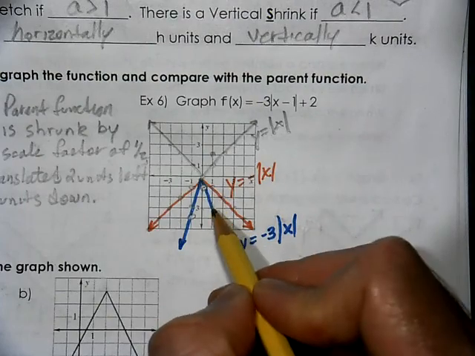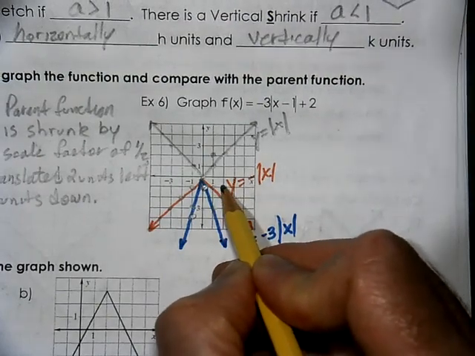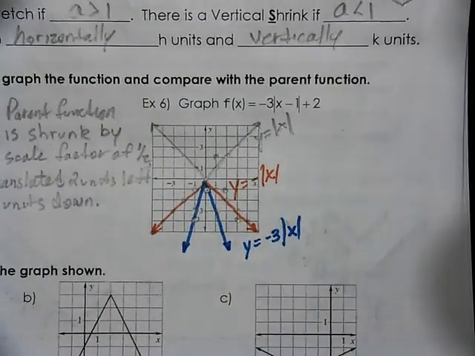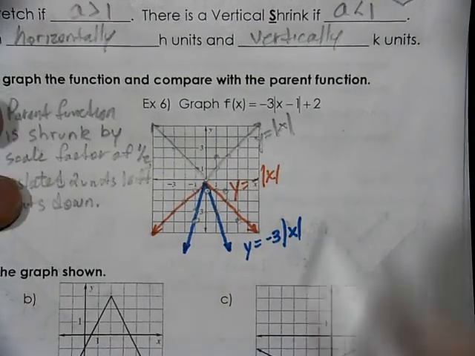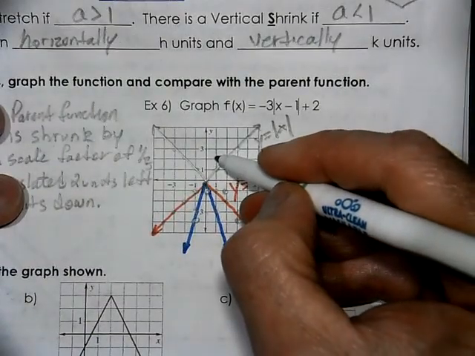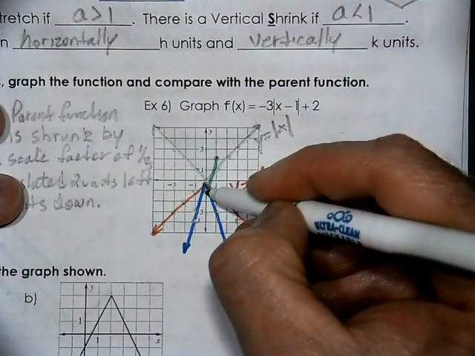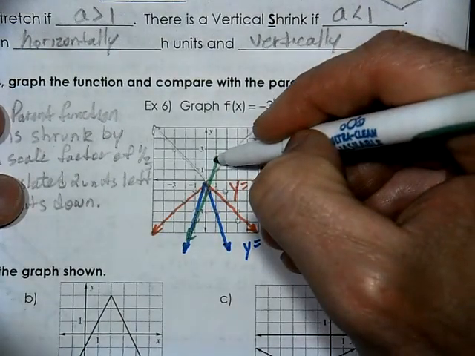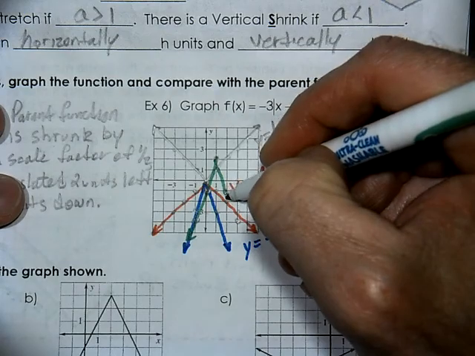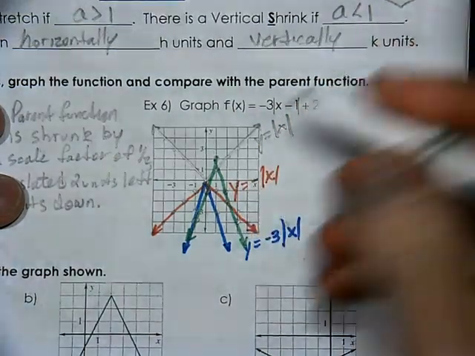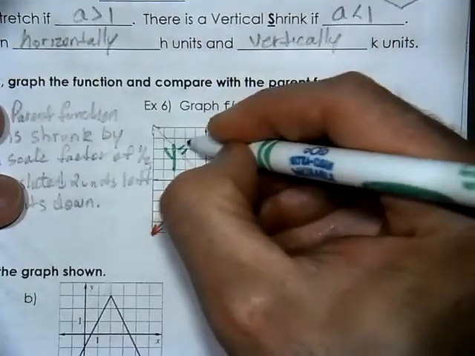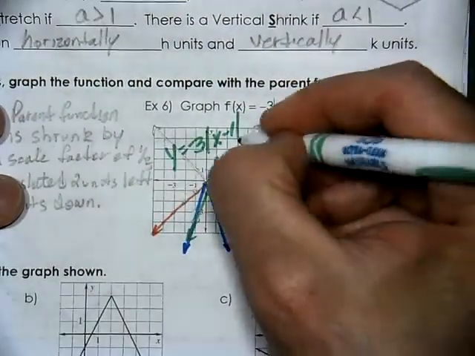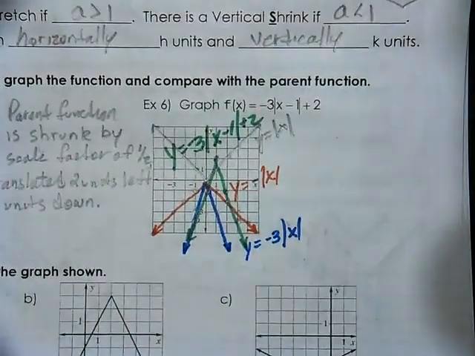Take all the points that we have, so this is y equals negative 3 absolute value of x minus 1, plus 2.